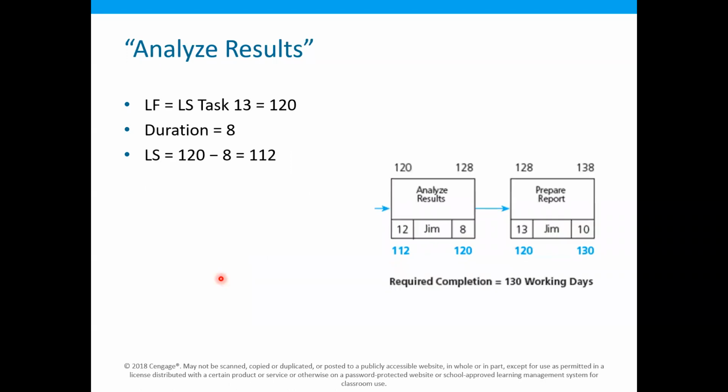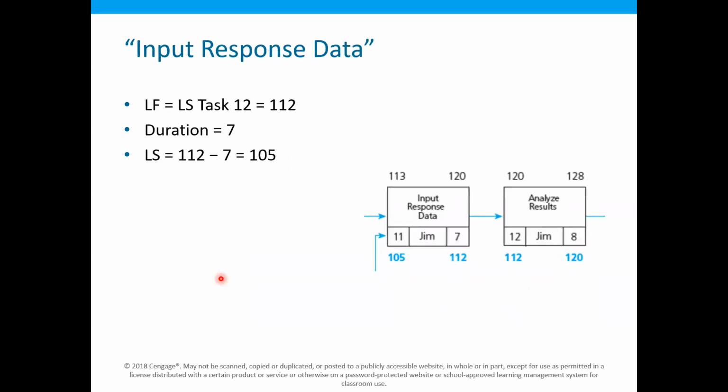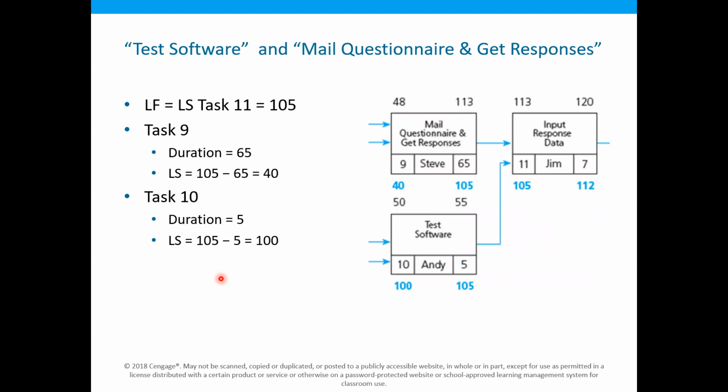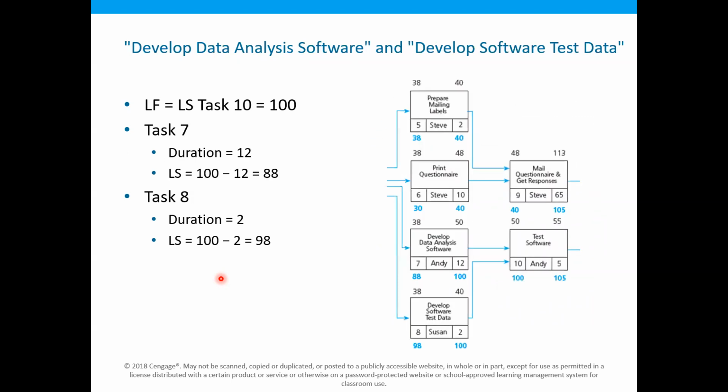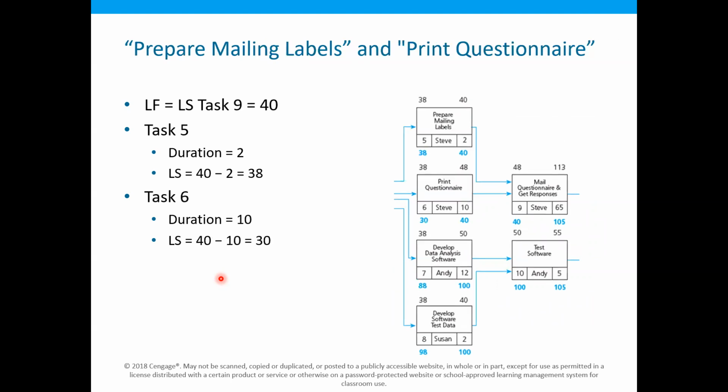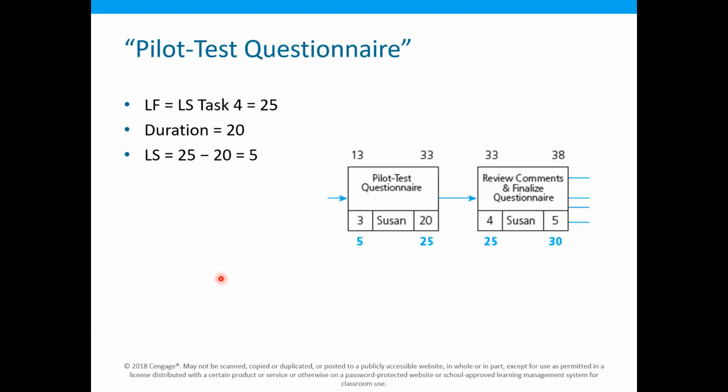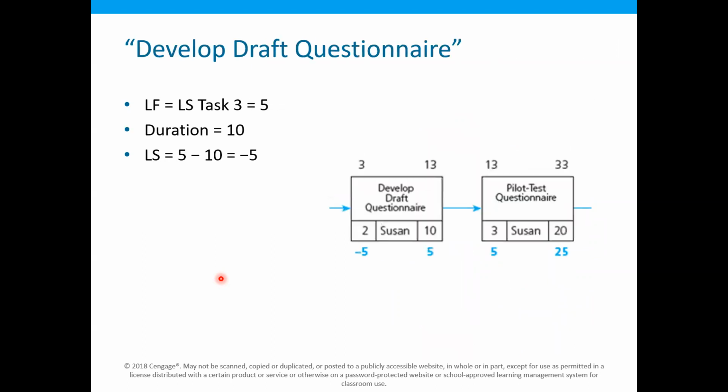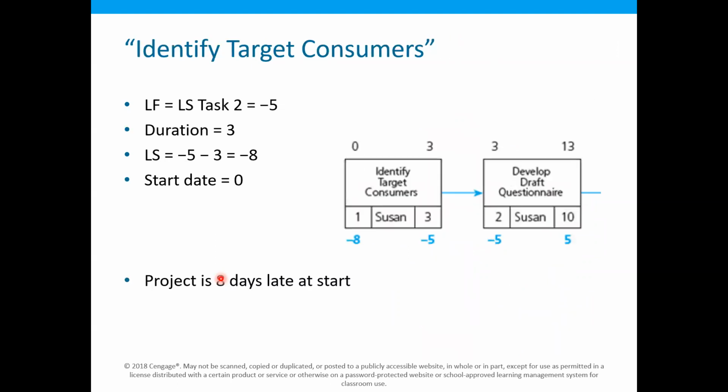So in this way, you will complete the backward pass. For each of the components, the backward pass has been completed. In the end, we are getting a -8 as the earliest start time of the first activity.